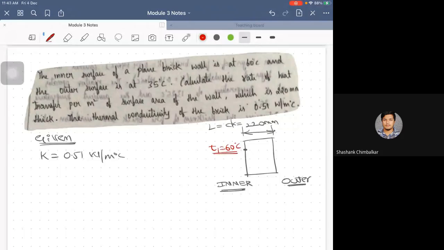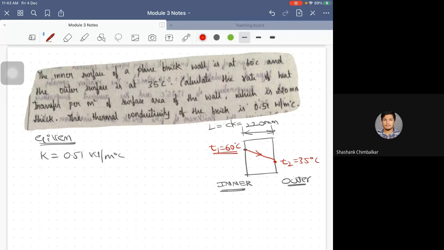Then the outer surface, that means the opposite wall, is at 35 degrees centigrade. So I take it as T2 is equal to 35 degrees centigrade. That means the temperature drops from 60 to 35 in a linear fashion like this. That's great.